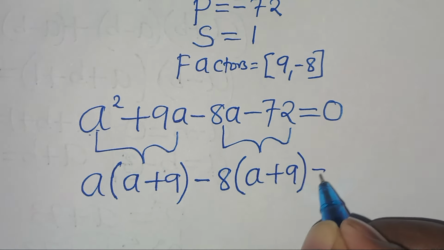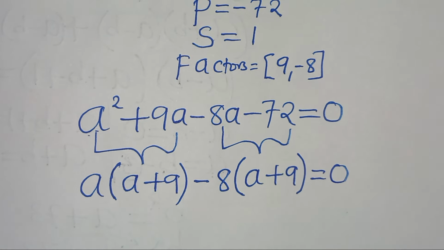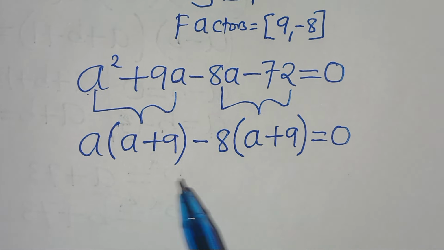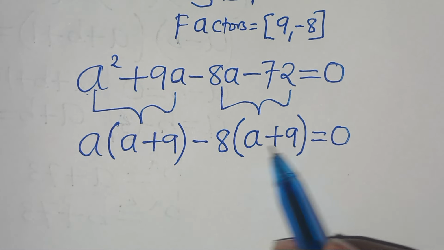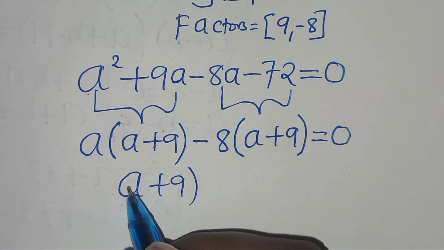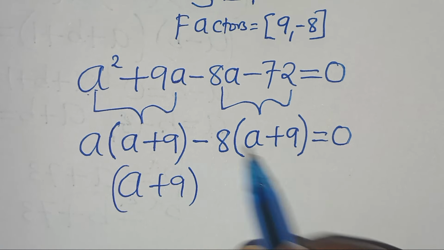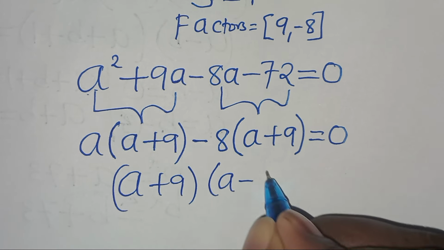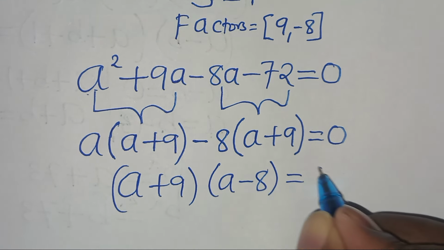Close the parentheses, this is equal to 0. You can see that a plus 9 is common, so we factor out a plus 9, then we have a minus 8, equal to 0.